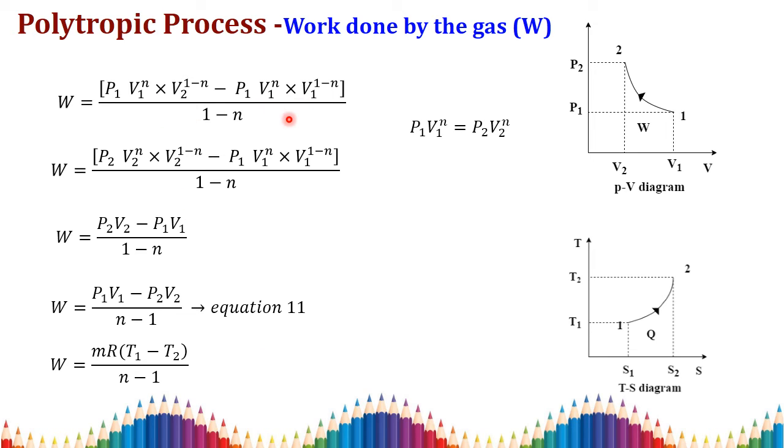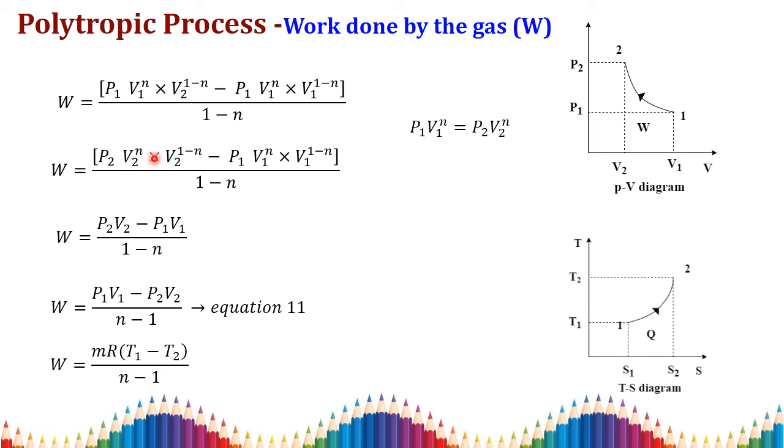As we know, PV^n is equal to constant, and we can apply the initial and the final condition. Instead of P1 into V1^n, you can substitute P2 into V2^n in this equation. Concentrate on this term: V2^n and V2 to the power of 1 minus n.